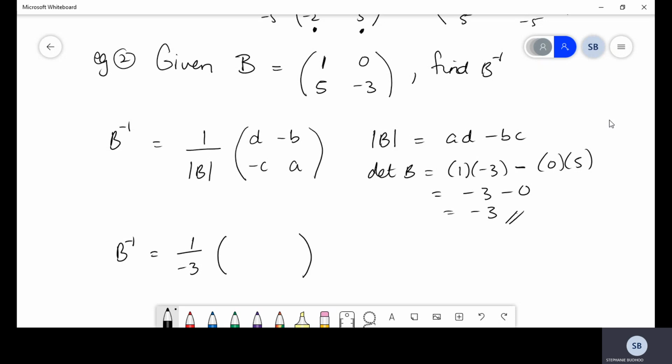First, we are going to switch these two numbers in the leading diagonal such that negative 3 goes up top and 1 goes down here. And with respect to the second diagonal, we are supposed to change the existing sign. 0 is a number which is neither positive nor negative, so there is no sign change for 0. 0 will remain as it is.